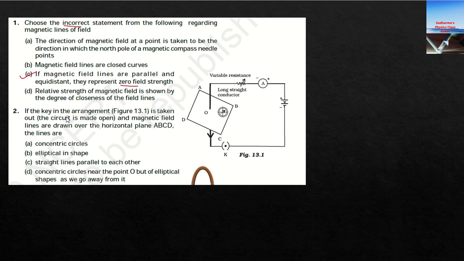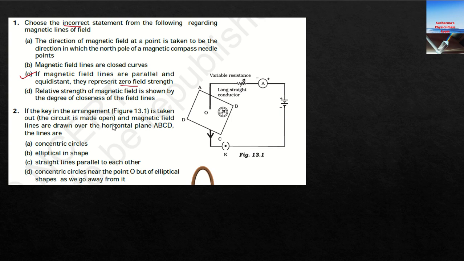Question number 2. If the key in the arrangement of figure 13.1 is taken out, the circuit is made open and the magnetic field lines are drawn over the horizontal plane ABCD. This is a really tricky question. So what type of magnetic field lines we are going to get? If it is a closed circuit, definitely we'll be getting concentric circles. But they say that the circuit is made open.